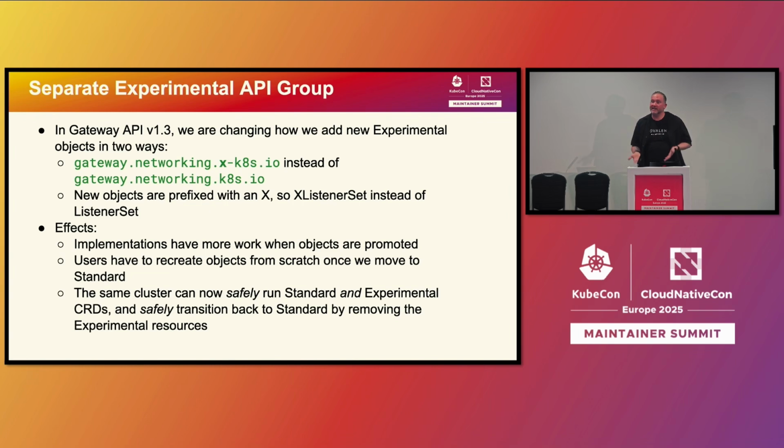So practically you're going to have a dummy listener on your Gateway, but that's because we don't want to change stable Gateway to make a required field optional, because that's a really big change that has a lot of downstream implications. So this is another place where trying out experimental is going to have some sharp edges. But we see the sharp edges as being, well, it's experimental, sorry, pardon our dust.